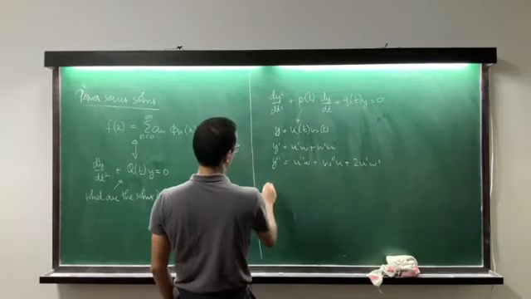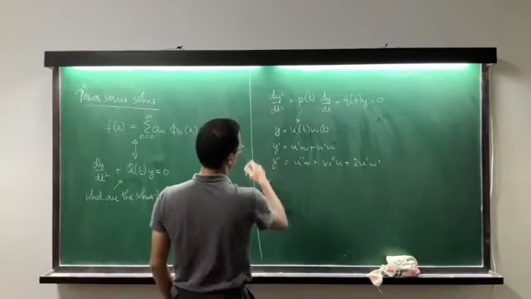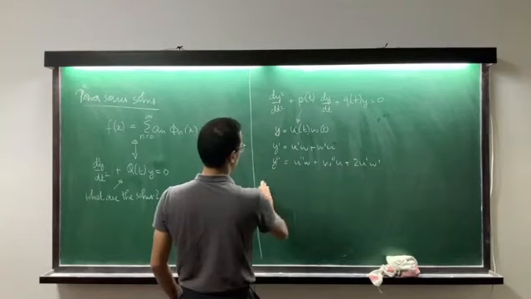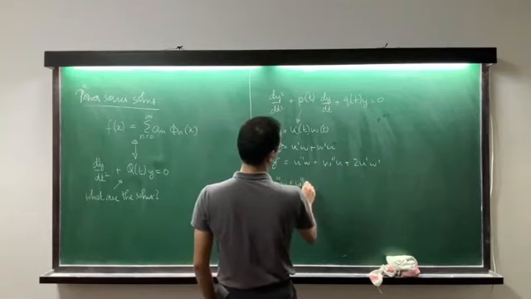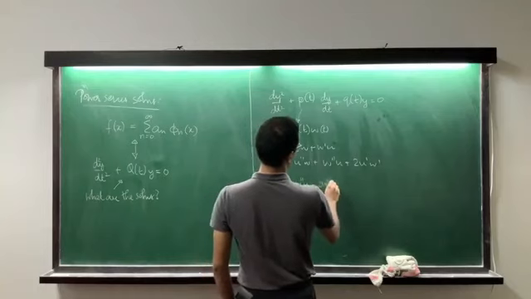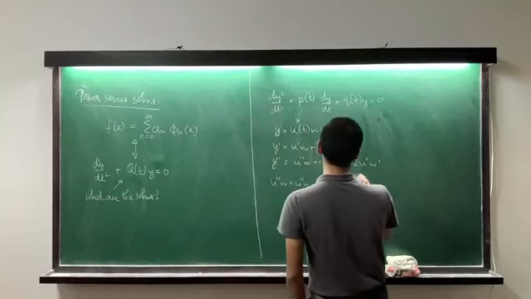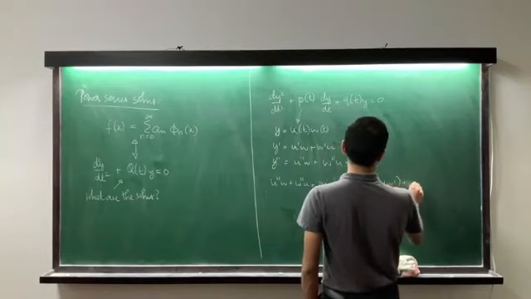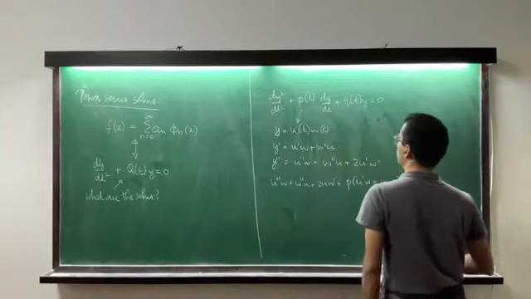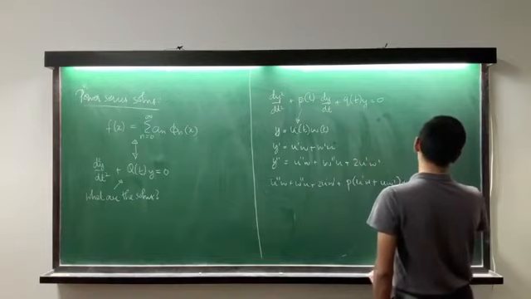If I put this back in, y double prime is d square by dt square. Okay, that's kind of understood. So I'm going to get u double prime w plus w double prime u plus 2u prime w prime plus p times (u prime w plus u w prime) plus q times uw is equal to 0.